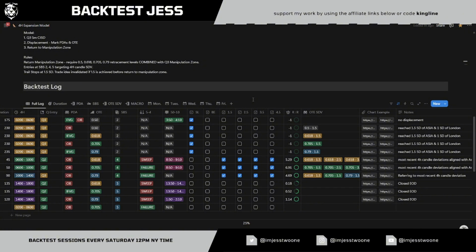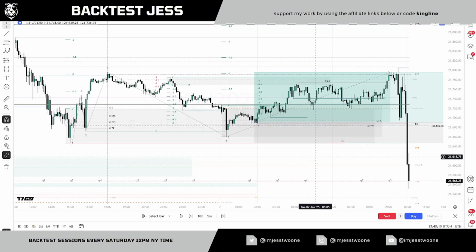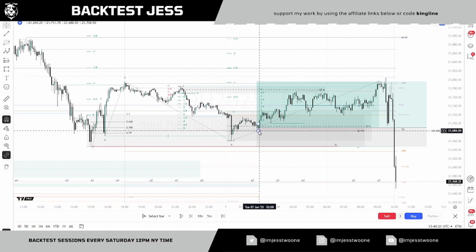If he negates that, the only thing he would say is that if we're going to use our most recent SD for targets as well, then that changes a lot, because that means we're hitting TP a lot. That would also change our stop loss significantly, because then our stop loss would just be here.